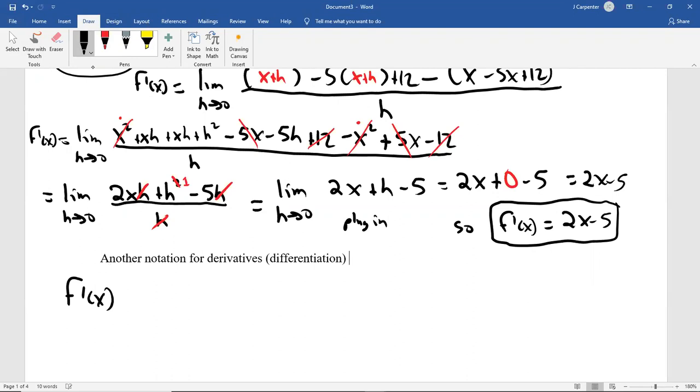This was kind of our function notation for derivatives. The other one looks like this. Little df, then on top of little dx. You don't usually say the littles. df dx is how you would say this.